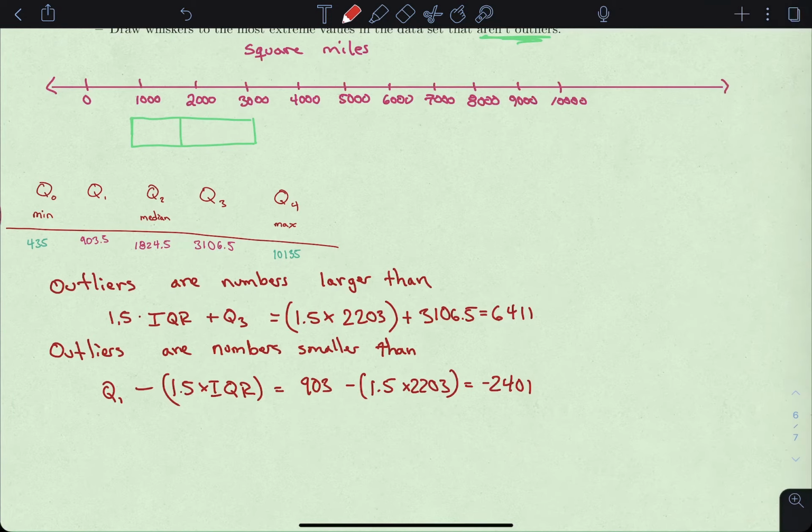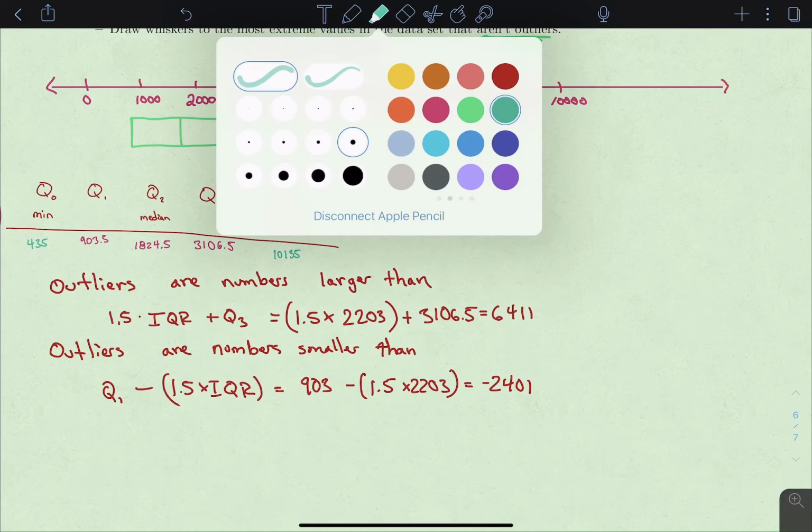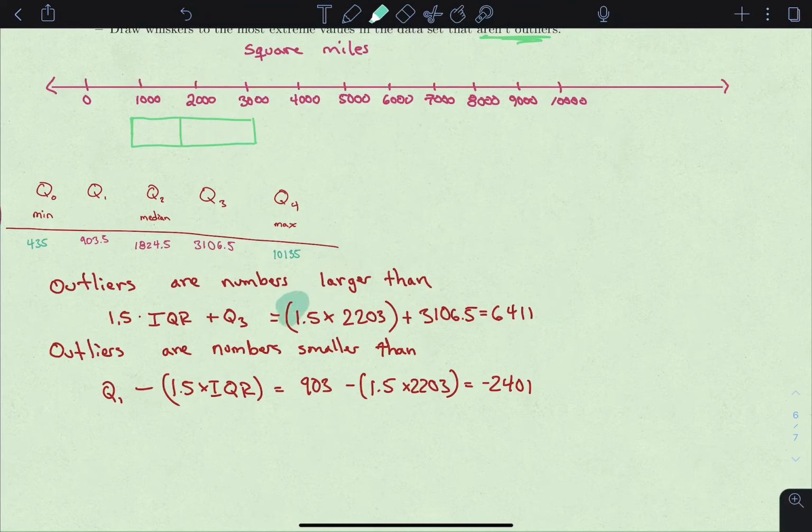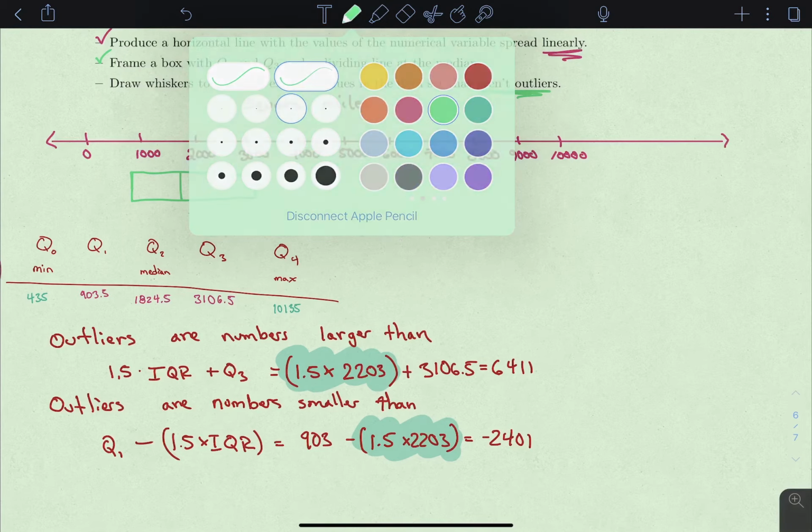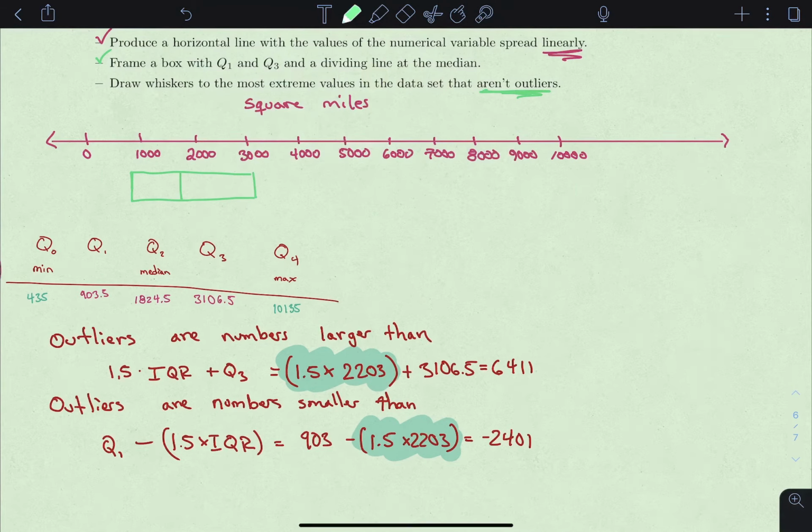So we're done with the calculator, and I want to point out that this part of the calculation is the same. It's this 1.5 times the IQR being added to or subtracted from Q3. The checklist here says that we need to draw whiskers to the most extreme values that aren't outliers.